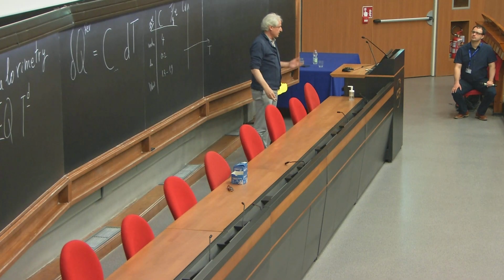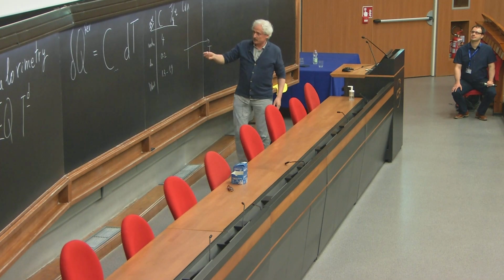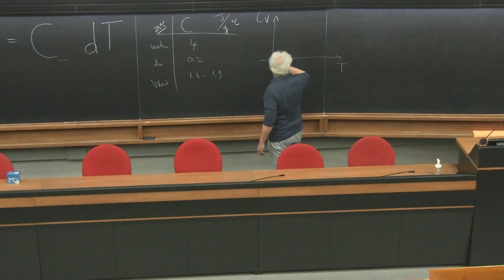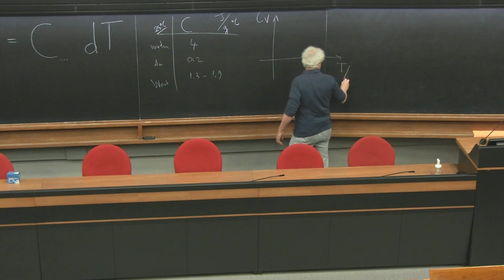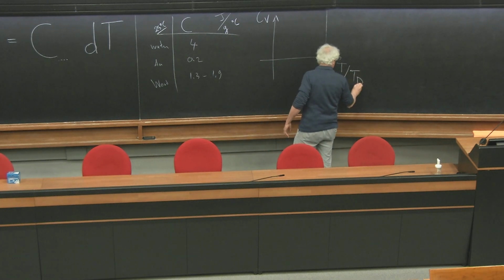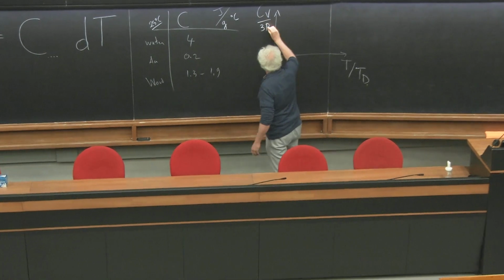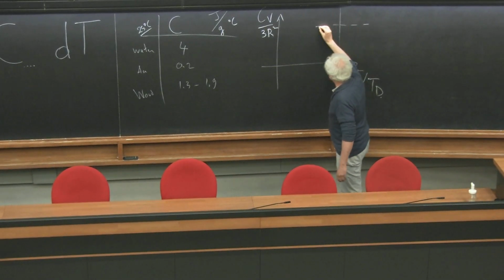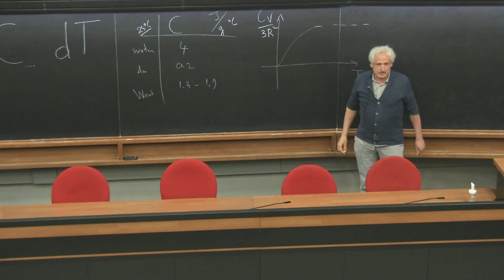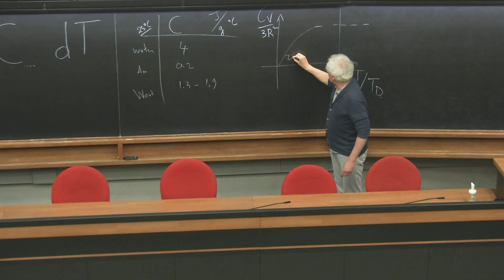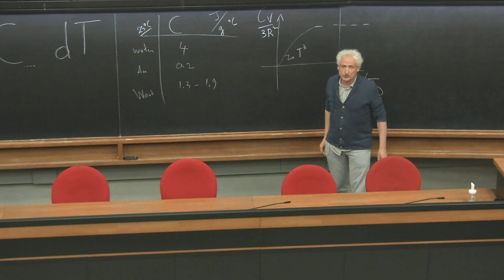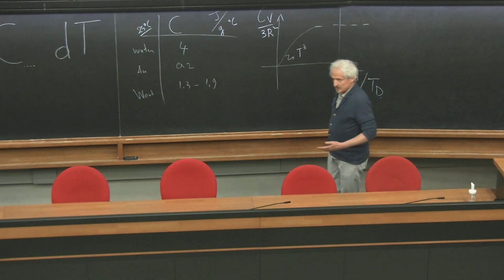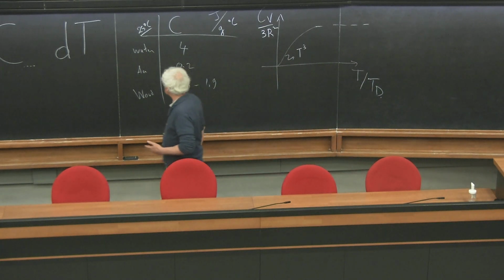For solids, if I divide by the Debye temperature and I divide by 3R, where R is the universal gas constant, at high temperature it goes to 1, and then it goes to 0 at 0 temperature, and here the interesting thing is that it goes like T to the cube, for example, for copper, aluminum, and all of these things, right? This is what we learn in school.